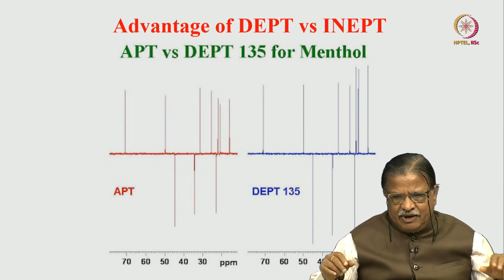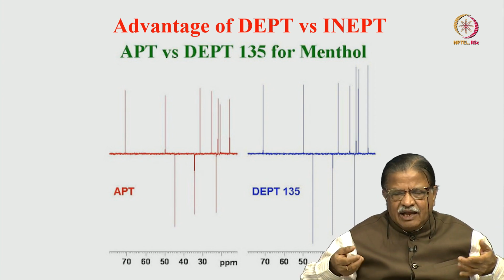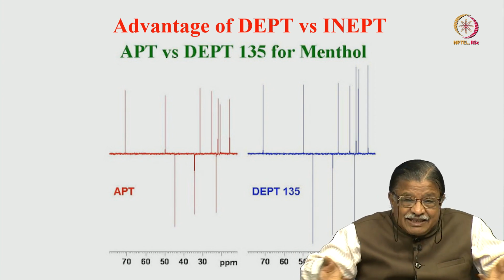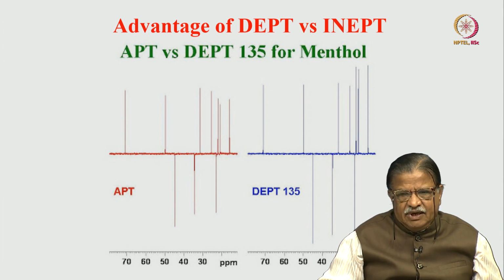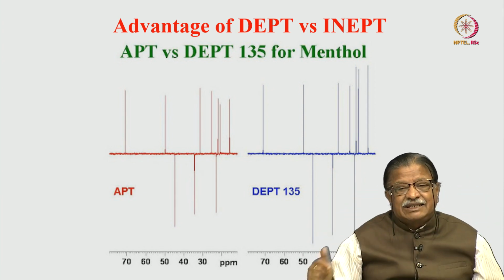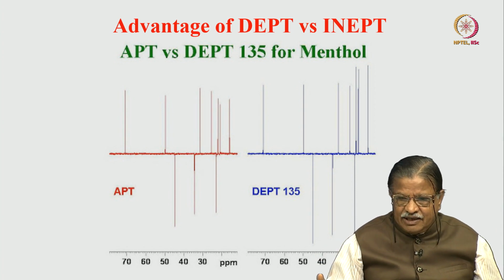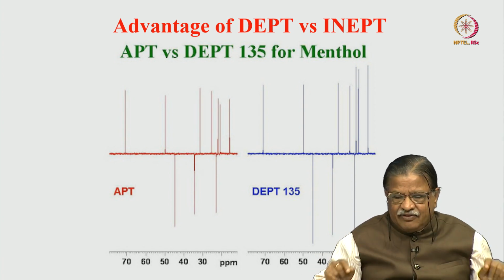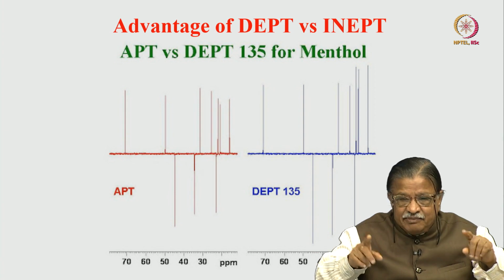This is a DEPT experiment where polarization transfer is involved. As a consequence, signal intensity goes up, and because signal intensity goes up, experimental time drastically gets reduced. These are the advantages. In addition to identification of different carbons, we can speed up the experiment.